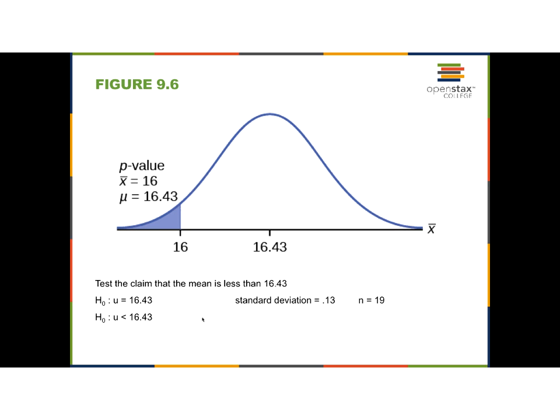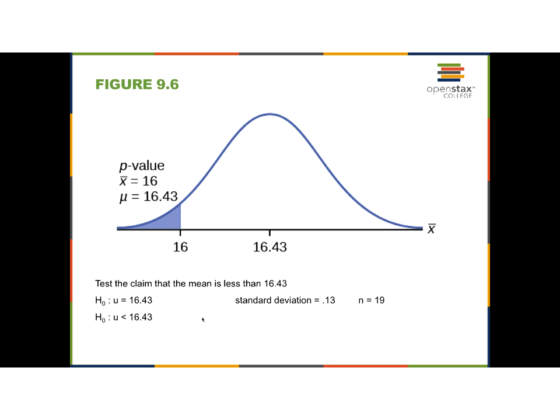All right, so let's go back to our example here. We're going to test the claim that the mean is less than 16.43. So we've got that our H naught is mu equal to 16.43, and our alternative is that mu is less than 16.43.